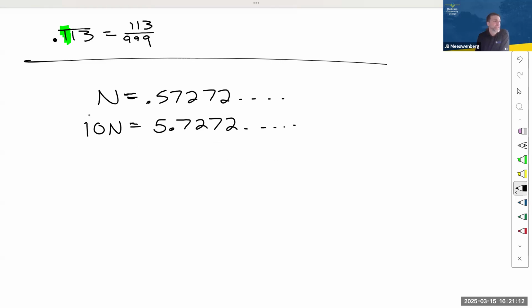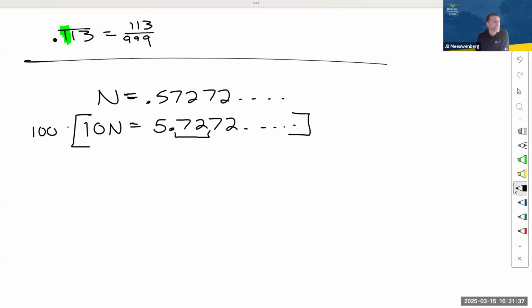What I'm going to do now is take this and multiply it by 100. Why 100? Because if I multiply it by 100, it's going to shift my decimal 2 spots over here, and then I'll have another decimal that starts with that same 7.2 after the decimal point. I'll show you what I mean by that.